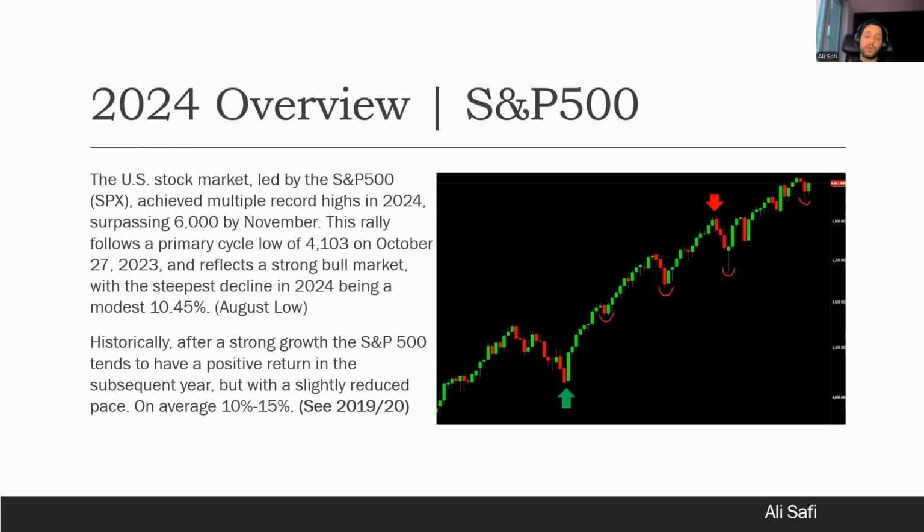So 2024 was too far, too strong, too fast. The correction was very modest and shallow. Historically, when this happens, the year after is going to be a slower pace of growth, usually on average 10%, 15%. If you want, you can have a look at 2019 and then 2020. Obviously, you saw that the correction came up more than 35%.